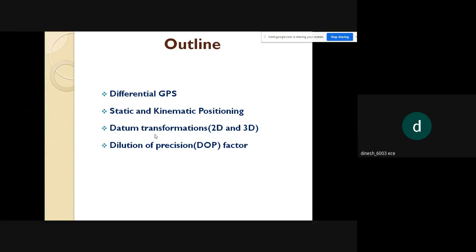So I was unable to complete unit 1, since only 3 classes were conducted for GPS, I think. So this is the 4th class, and with this we complete unit 1. I'll give you 2 or 3 minutes of breathing time, then we'll start the next topic.